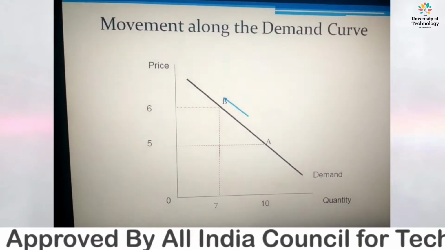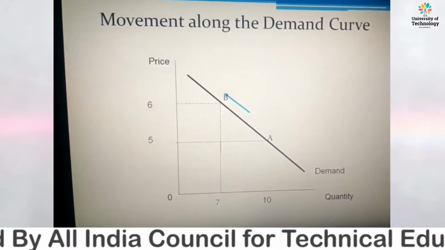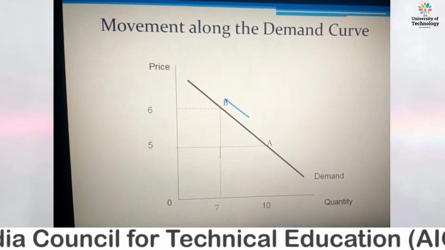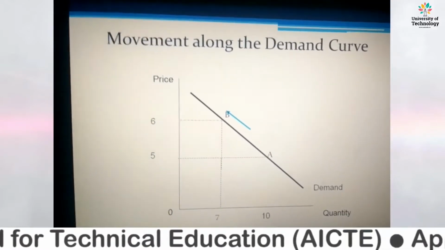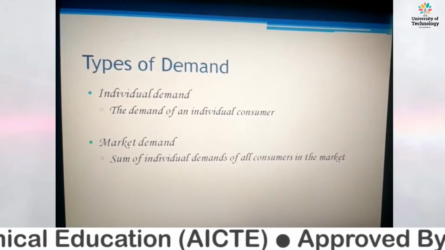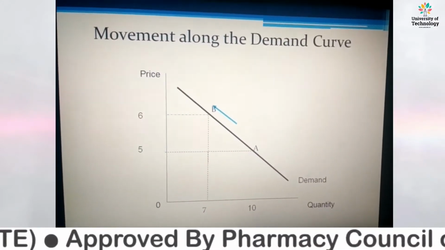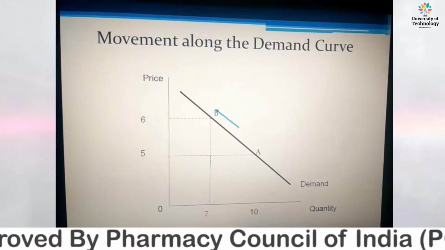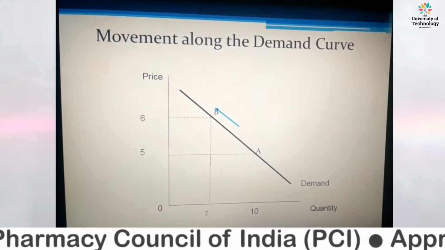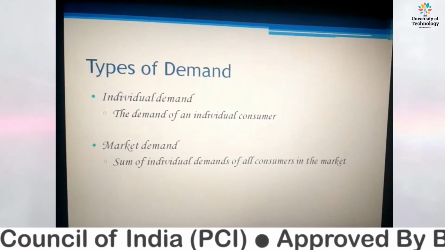The quantity demanded when the price is 6 rupees is around 7. It means the quantity demanded decreases when the price of that particular good rises, right?